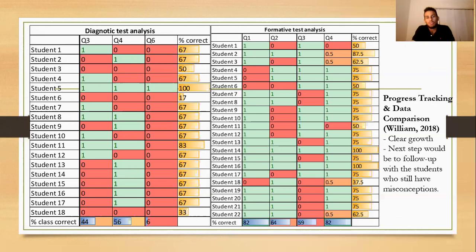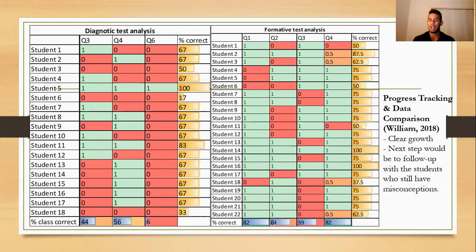And what we can see, which is really good, on the right we've got the formative test analysis, and on the left is the diagnostic test analysis. We can see a lot more green on the right there, which showcases clear growth.